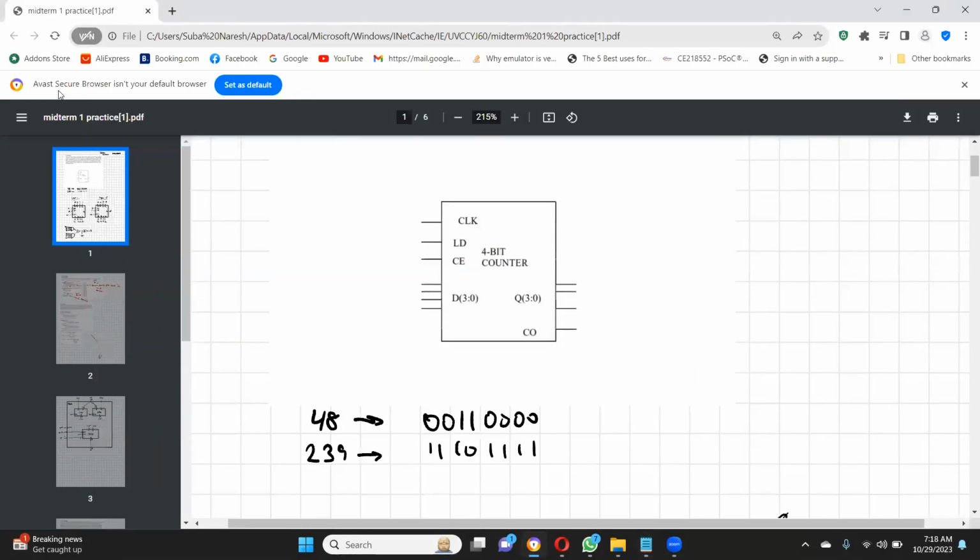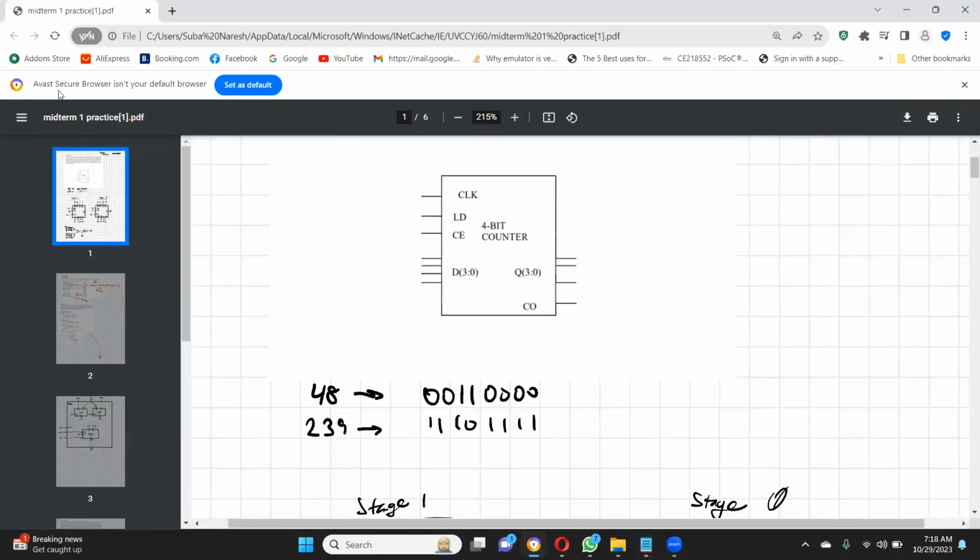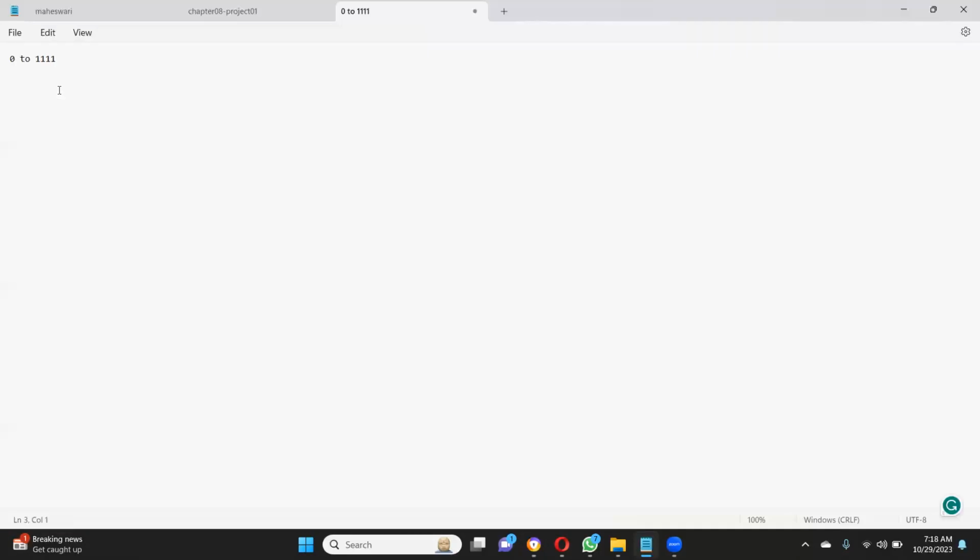You should start from 48 and it should end at 239, right? So 48 to 239. Tell me, how many bits are needed to actually count this range? Any idea? 8 bits.